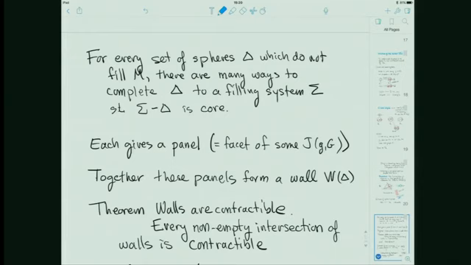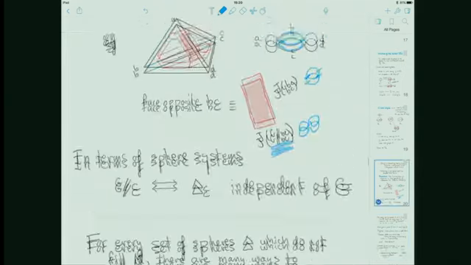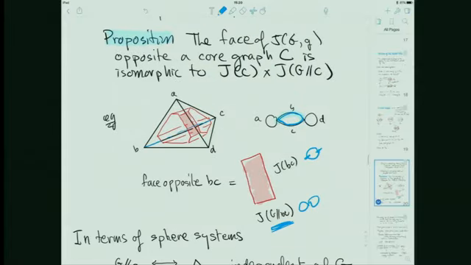And what this proposition says is that what I get is, yeah, what am I saying? Trying to say it too fast.